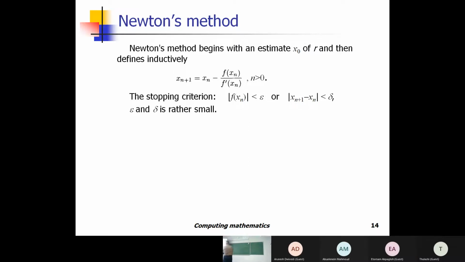I can take this tolerance as some small number, different or the same number. The absolute value of the function is smaller than tolerance, or the length of the interval, xn plus 1 minus xn, is smaller than some tolerance.